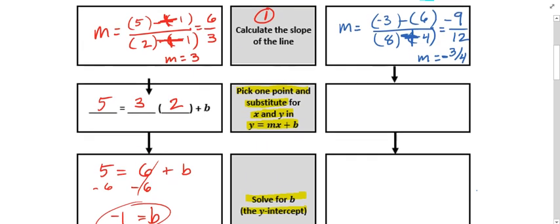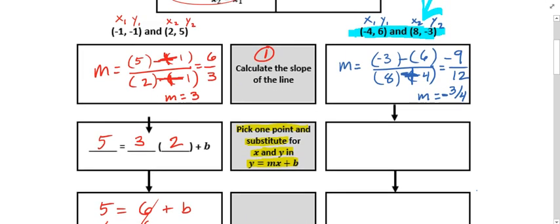Step 2, pick a point and substitute it in. We got 2 points to pick from last time. We picked 2, 5 because they're both positive. In this case, the one's positive, one's negative. So let's just pick the first point, okay? I'm going to set it up the same way as we did over here. Blank equals blank times blank plus b.